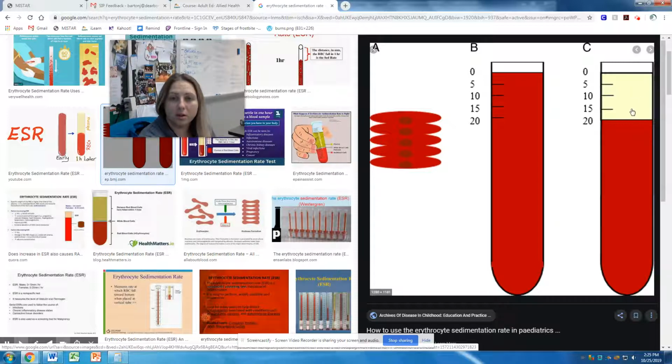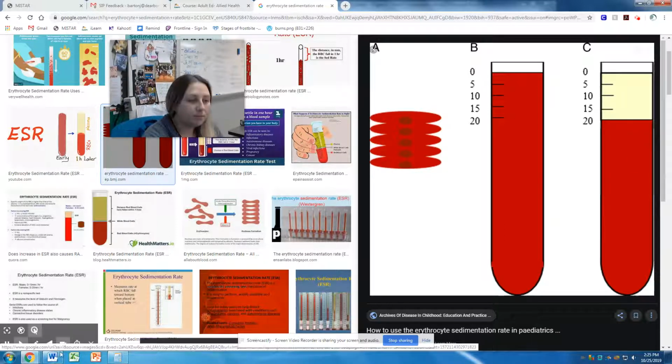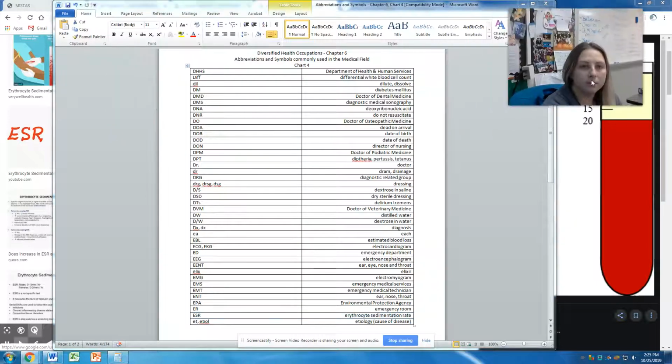So this white part up here is actually blood plasma, which is the liquid part of the blood. And they look and see how fast these red blood cells float down to the bottom. It doesn't directly tell you what's wrong, but if it's abnormal, it's an indicator that something is not right. So, all right.